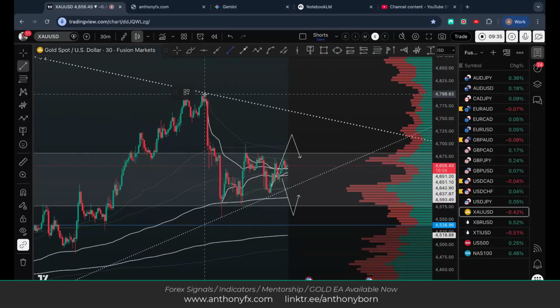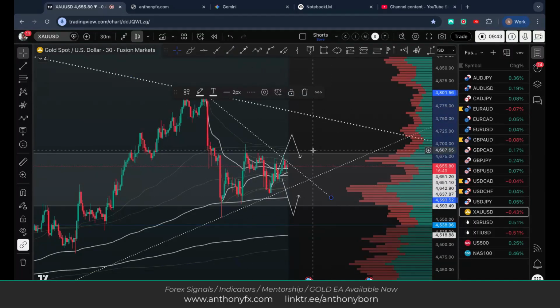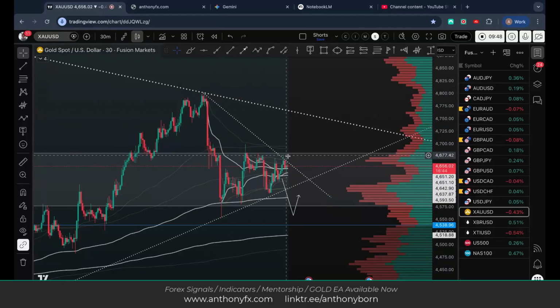Now, on the bearish side of it, we'd have this trend line here and this one up here. So if we're bearish, I don't want to see this line compromised. It might wiggle around, and we'd adjust that accordingly.